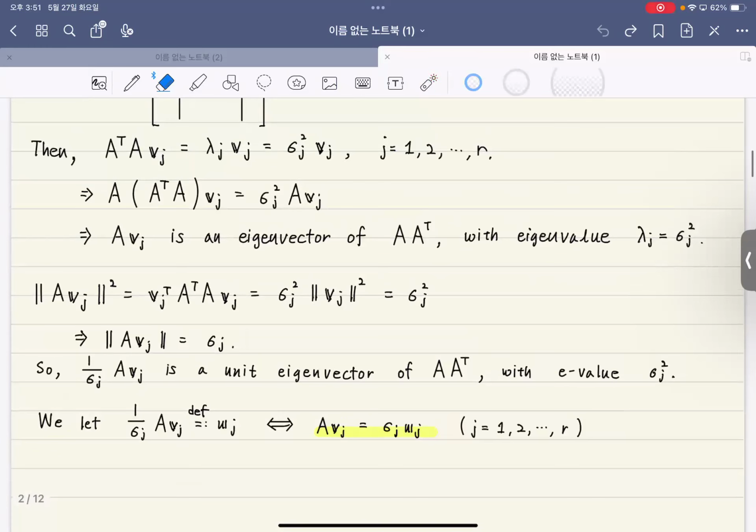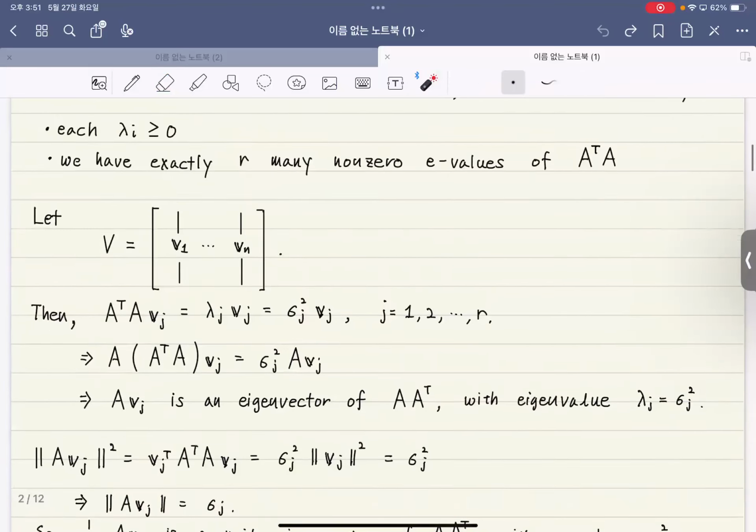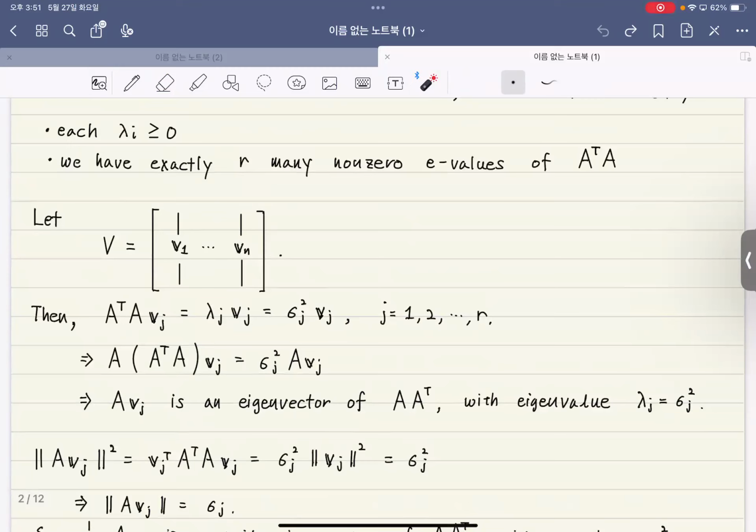Okay. All right. So what I was doing so far is I found the eigenvectors of A^T A, and we had the orthonormal eigenvectors from V1 to VR satisfying this relation.